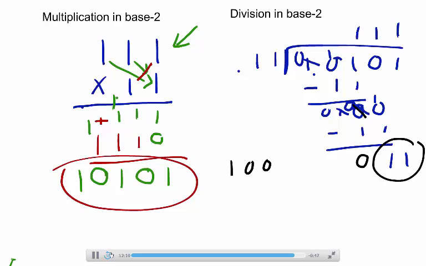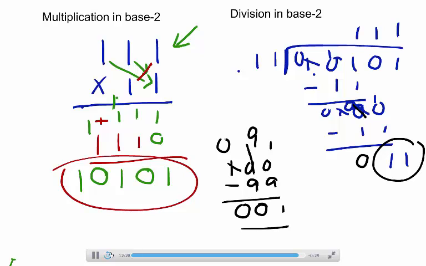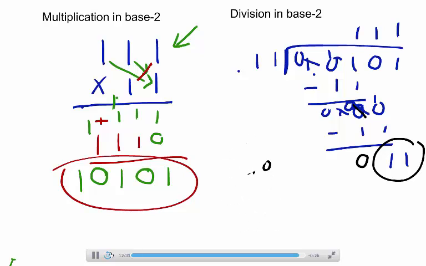Similar to the way in base 10, if we had 100 minus 99, we would continue to carry until we got our end result. 100 minus 99 equals 1. So in this case, 10101 divided by 11 equals 111.